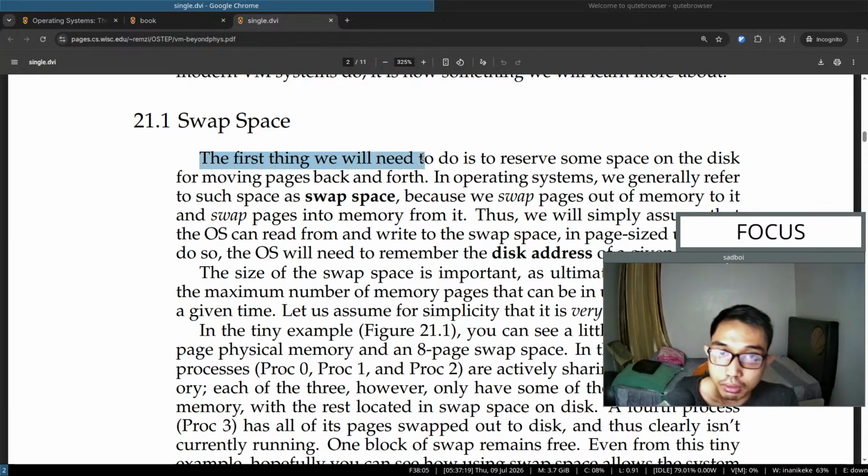The first thing we will need to do is to reserve some space on the disk for moving pages back and forth.